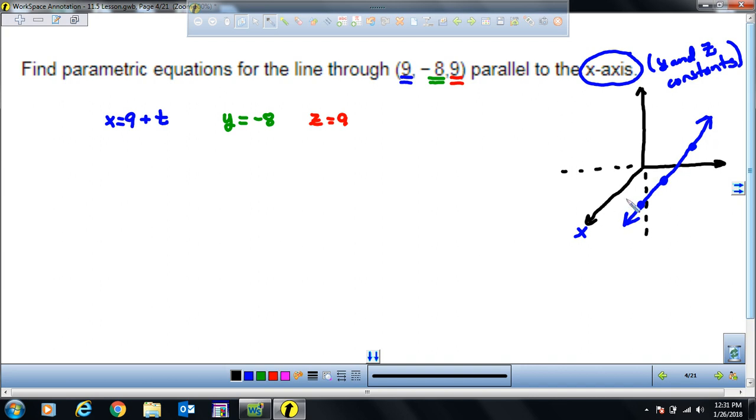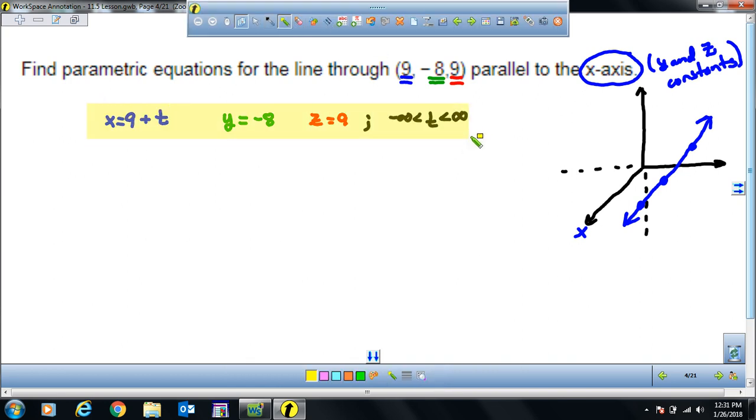Basically, it's going to be a line that is parallel to this axis. Okay? And we just have to specify that t is any number from -infinity to +infinity. That will assure us that for any given value of t, we're going to generate all of the points that lie on this line that is parallel to the x-axis.